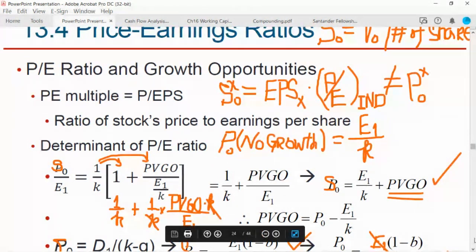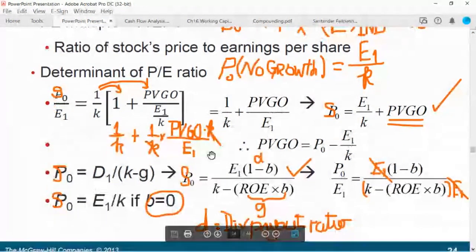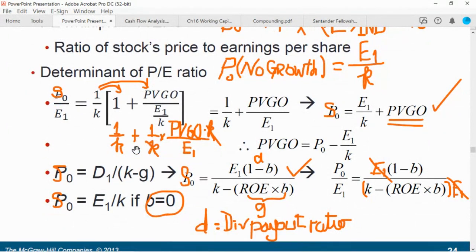Now, so what is the determinant of the price earnings ratio? Of course, it's the market price and earnings per share at time one.